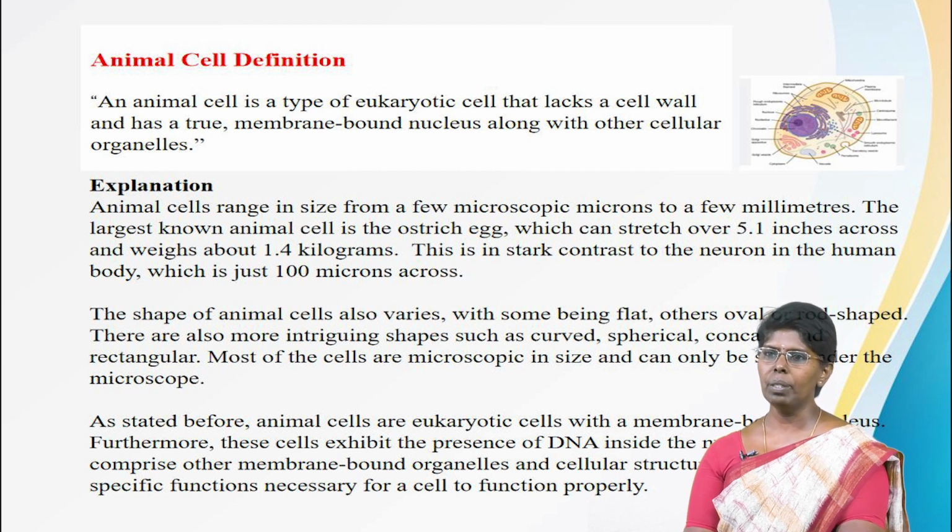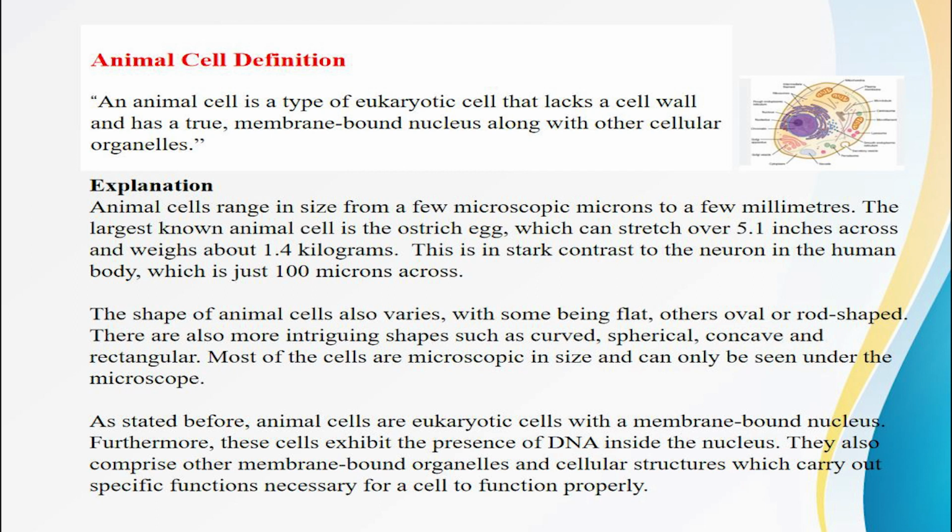The shape of animal cells varies, with some being flat and others oval or rod shaped. There are also more intricate shapes such as curved, spherical, concave and rectangular shapes. Most cells are microscopic in size and can only be seen under microscopes.